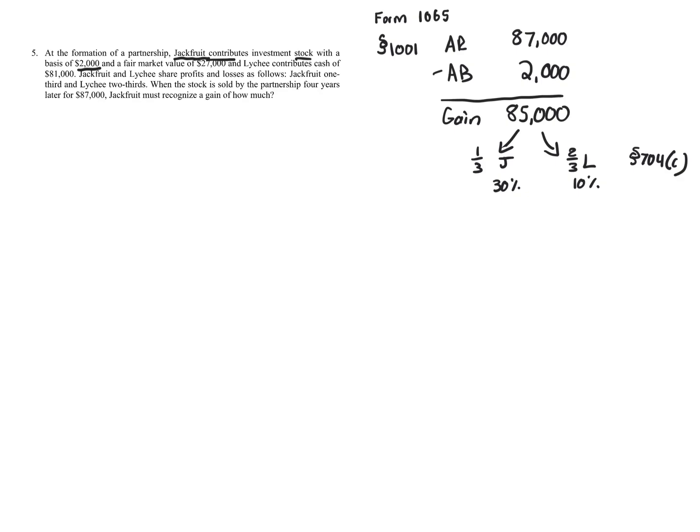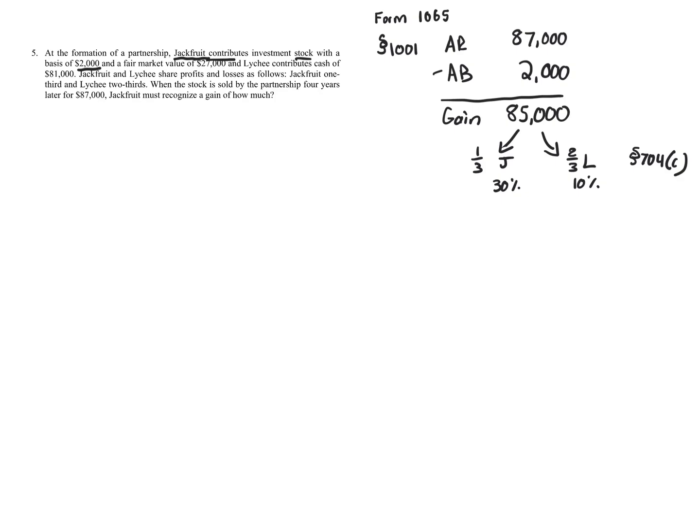Let's assume it was subject to a 30% rate. If Lychee was to sell the stock, Lychee would have a $25,000 gain at 10%. Which one obviously has the smaller tax consequences? Lychee, because Lychee has a 10% tax bracket. So Lychee would pay $2,500 in taxes rather than Jackfruit, who would pay $7,500 in taxes. So a big difference in tax rates.